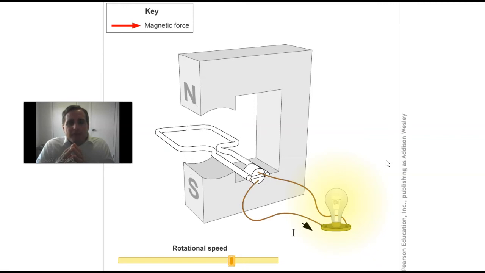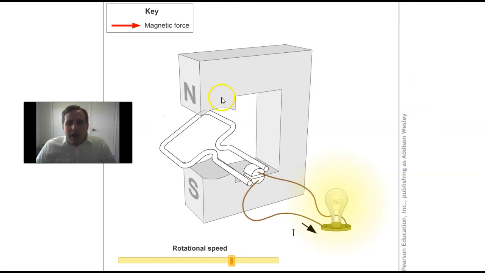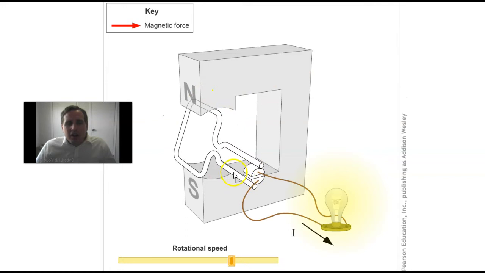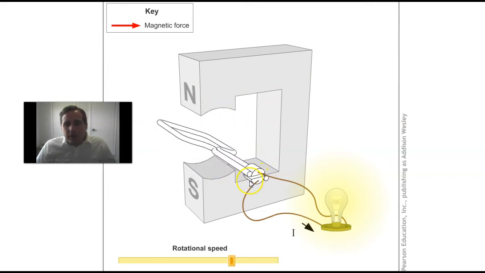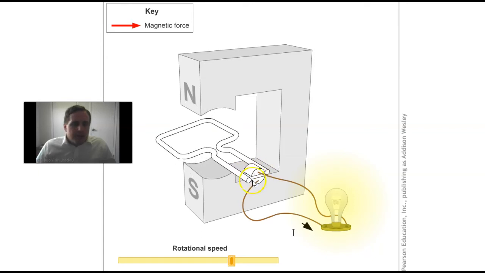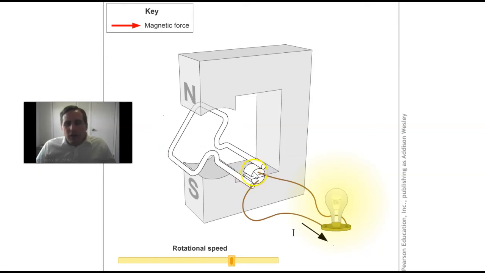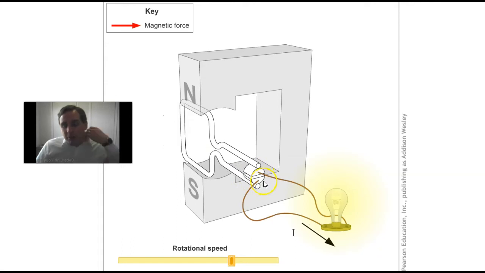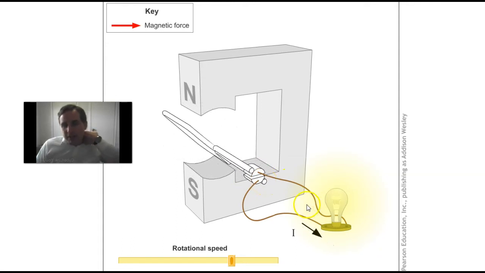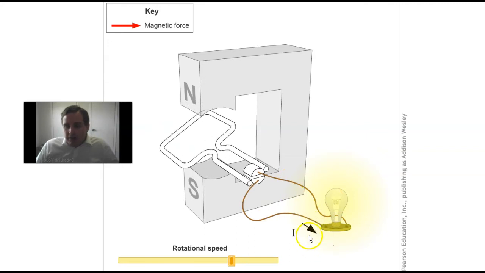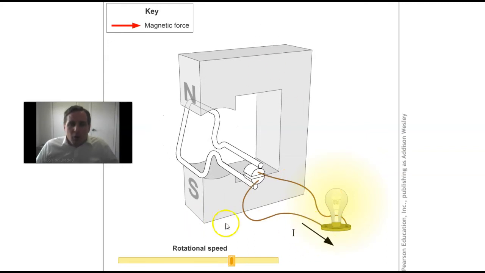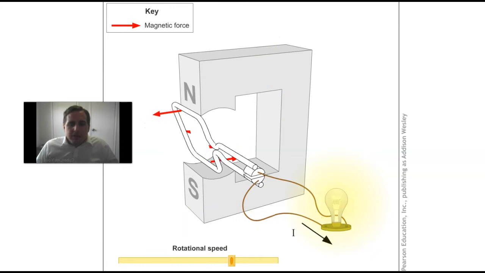Now, notice what we have here is we have a very strong magnet, and we have a conducting loop, and we have these brushes, or these slip rings, and it's, again, this is sometimes called a commutator. Notice the output that's on this light bulb is alternating current. Why alternating current? Well, let's have a look at the magnetic forces.